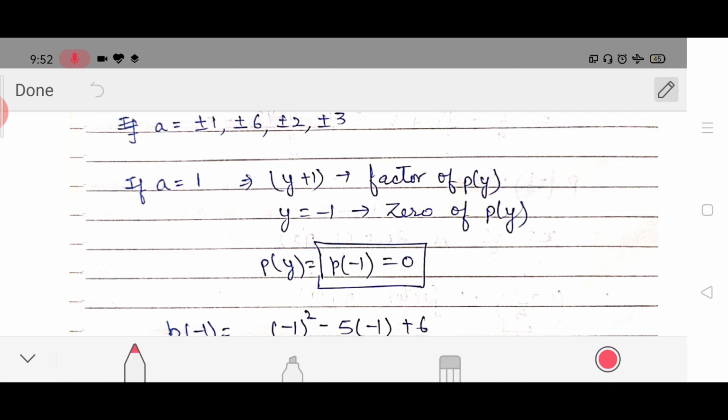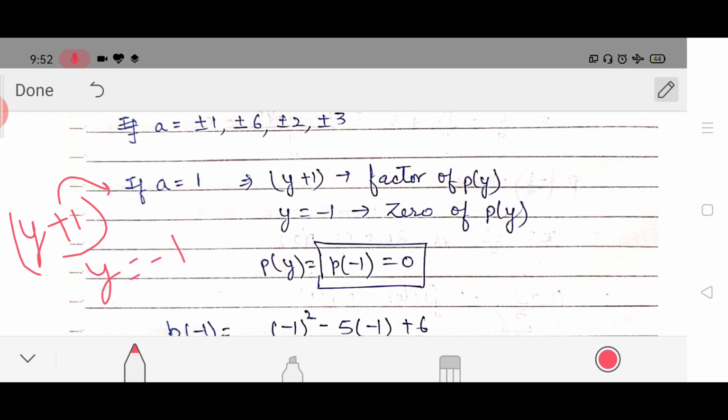If a is 1, then y plus 1 must be a factor of the polynomial. If y plus 1 is a factor, then moving 1 to the right hand side, y is equal to minus 1.